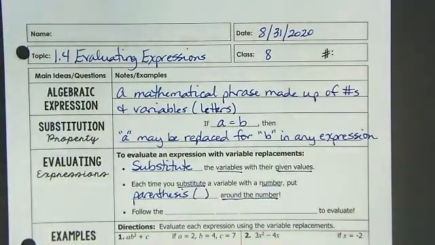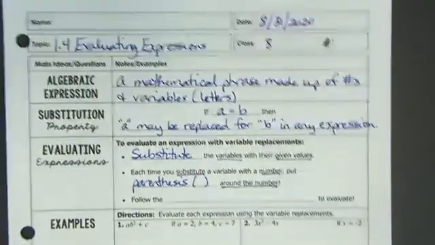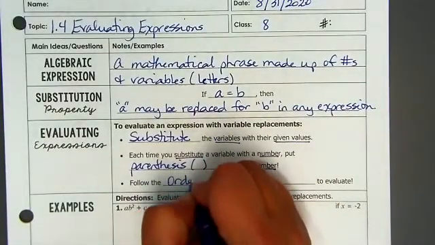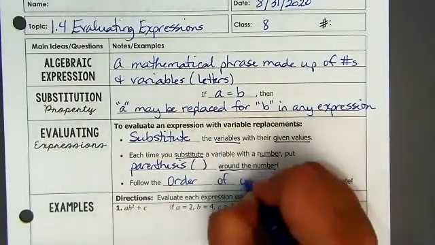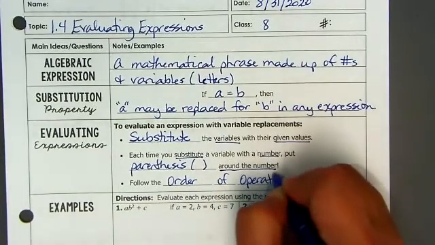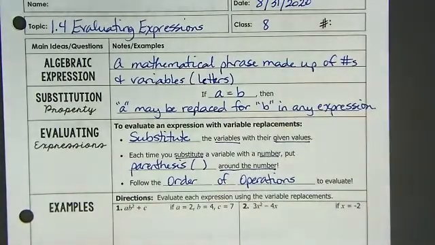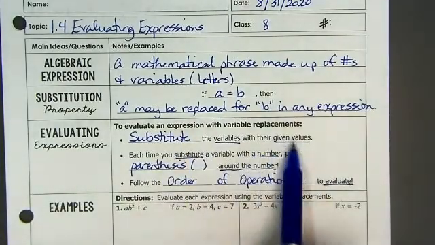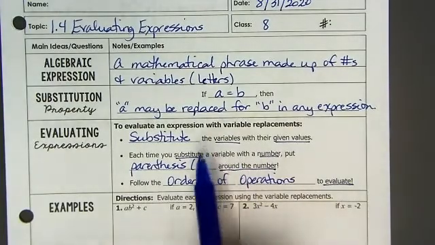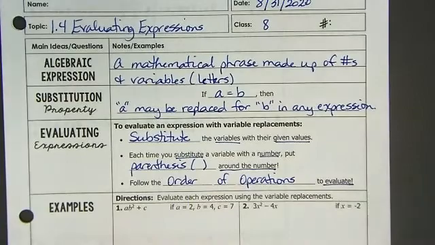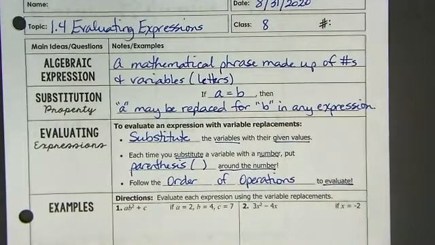It just helps with keeping things understood and flowing correctly. Okay, and then you follow the order of operations to evaluate. So you're going to plug in the number for the letter, keep it in parentheses, and then follow order of operations. So we're going to work some of these together, not all of them.